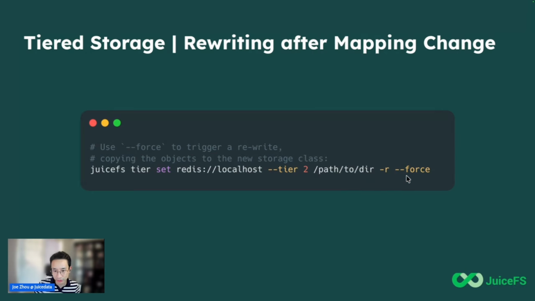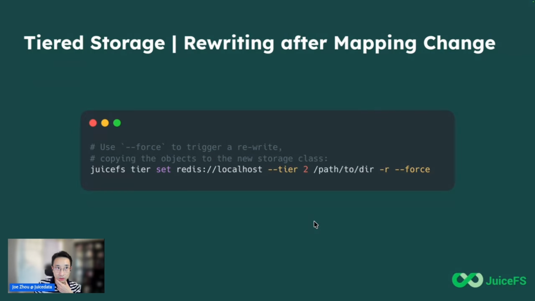The difference from not using the force flag is that there are two scenarios I can think of. First, maybe you have a concurrent client that's changing the configuration at the same time. When you use force, this client's write is the one that wins, it takes whatever configuration was written by this client, and then we start to process all the objects underneath.